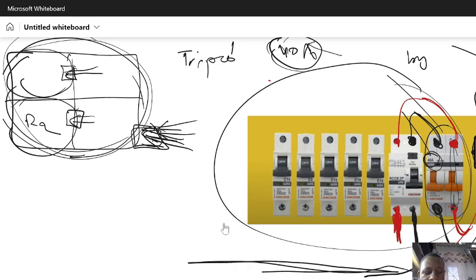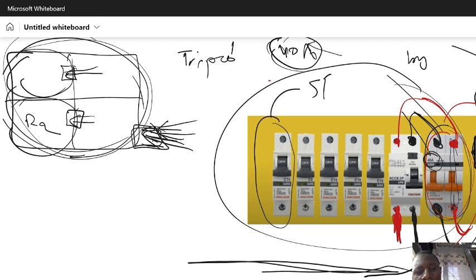Here, if you see, these two circuit breakers are double pole. Double pole means that it will be connected with the live and the neutral. But if we check this circuit breaker, it is single pole, SP. Why? Because it is not connected with the neutral, only with the live. So based on the poles, we have two types, single pole and double pole.